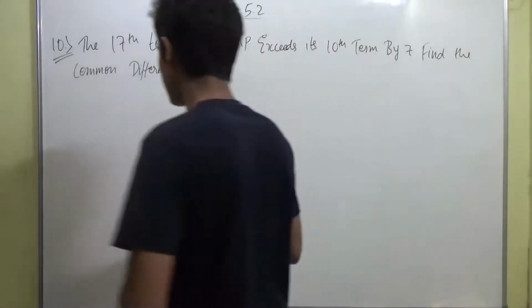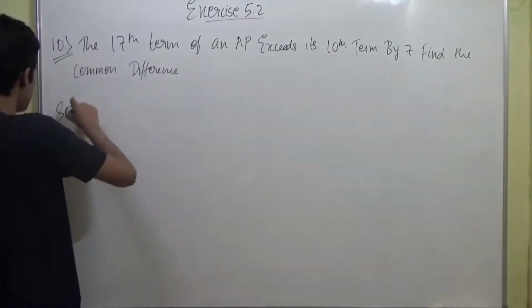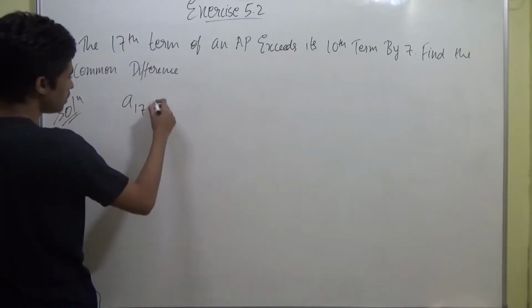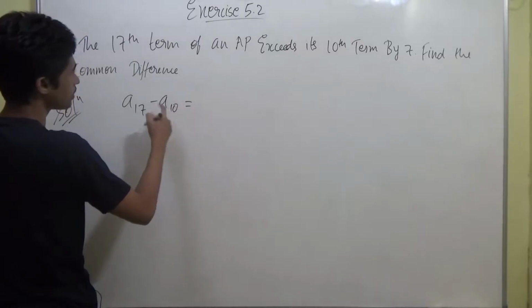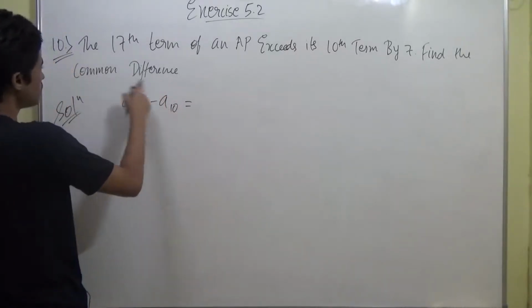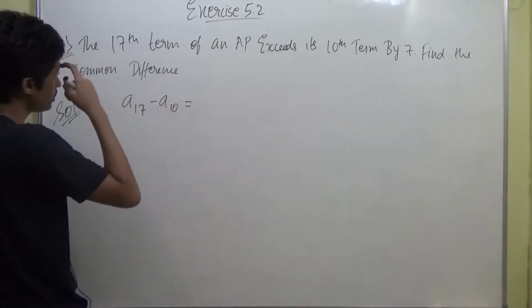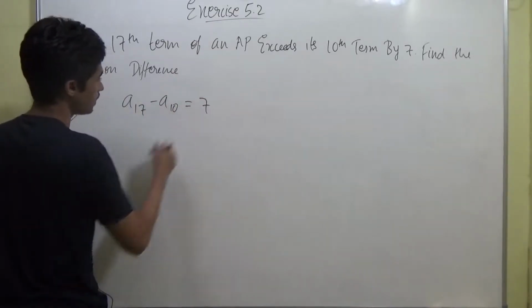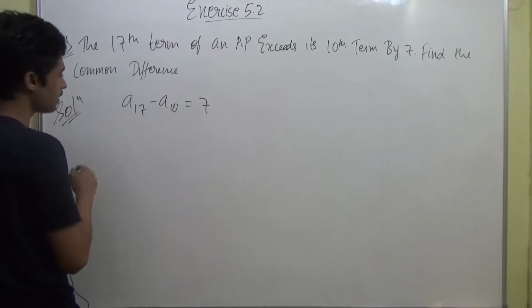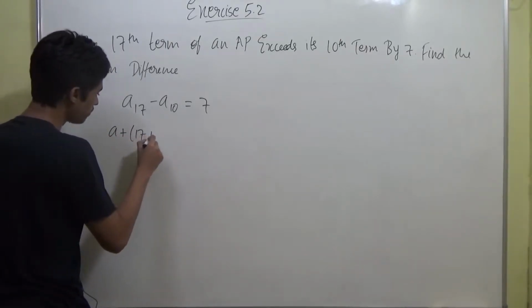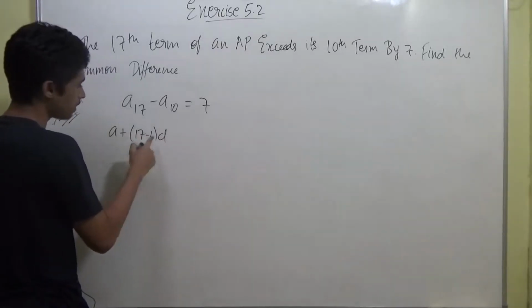We can mathematically write it as a of 17, that is the 17th term, minus a of 10th term. They are talking about the difference. Exceeds, which means the difference is equal to 7. Getting it, guys? So let's write it mathematically. A of 17 is a plus 17 minus 1 into d, because n minus 1 into d.